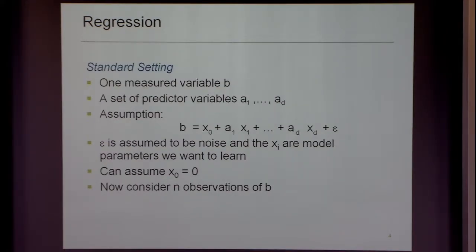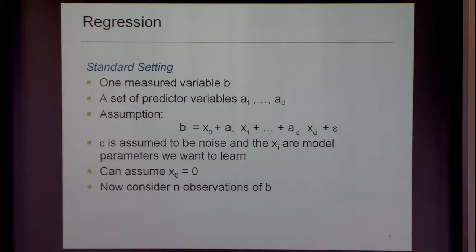So the standard setting is there's one measured variable b. In the previous example, this was the voltage. And we have a set of predictor variables, A1 through Ad. In the previous example, d was equal to 1, and we just had the current being the predictor variable. The assumption is that this measured variable and the predictor variables are linearly related up to some noise.